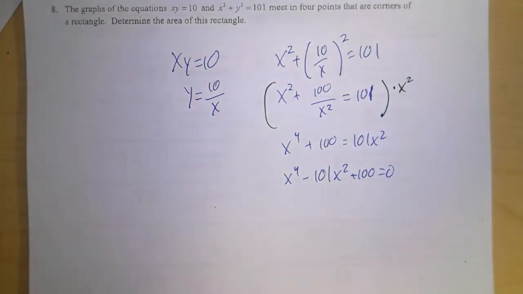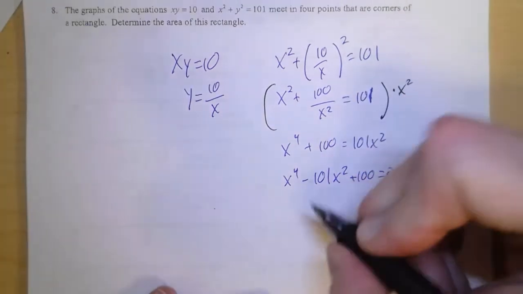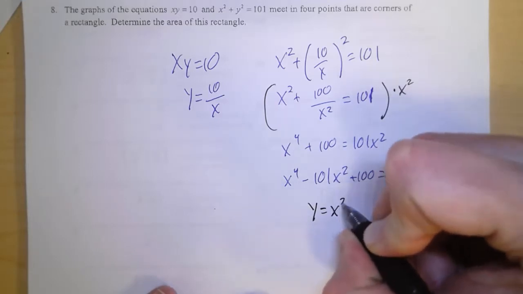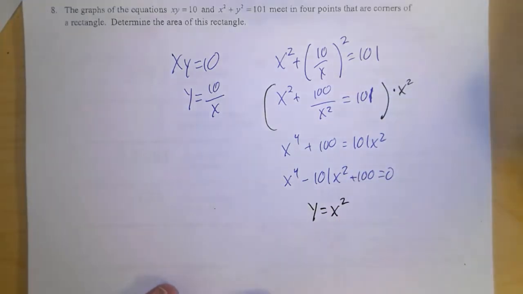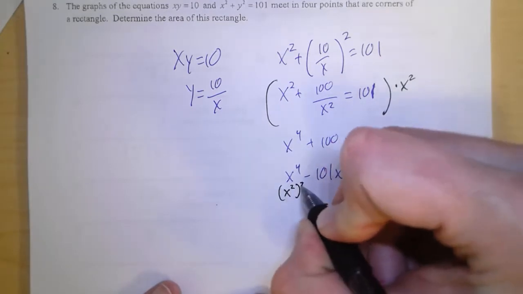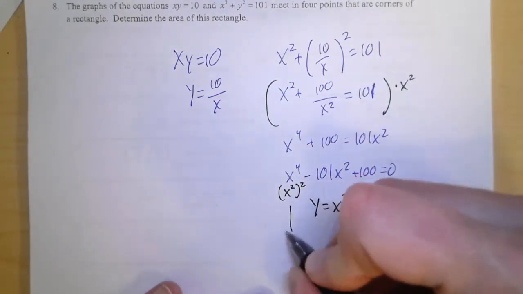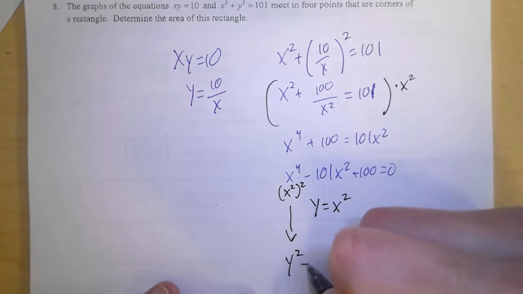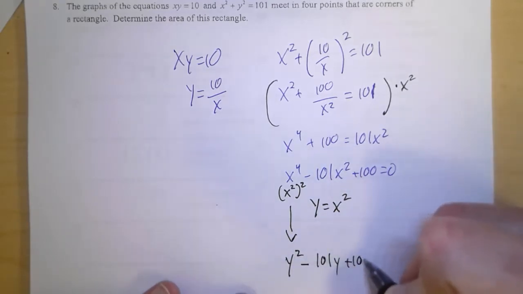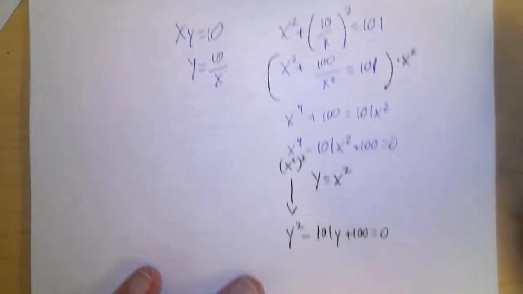Now this is actually a quadratic. How is that? Well, I'm going to let y stand in for x squared. Now x to the 4th is really x squared squared. So this becomes y squared minus 101y plus 100 equals 0.